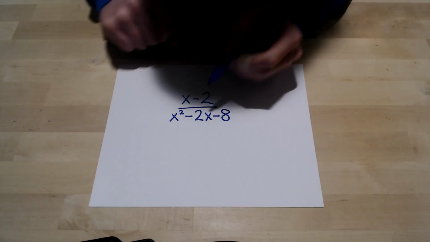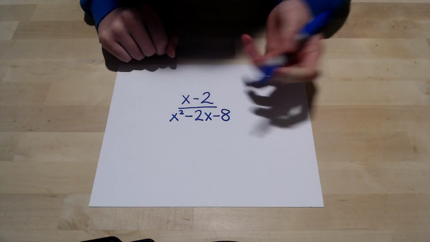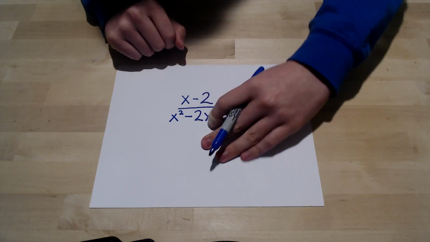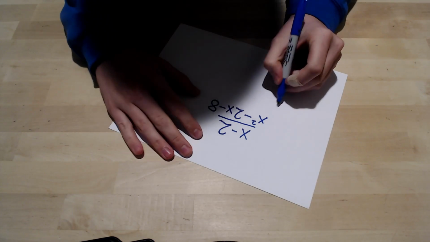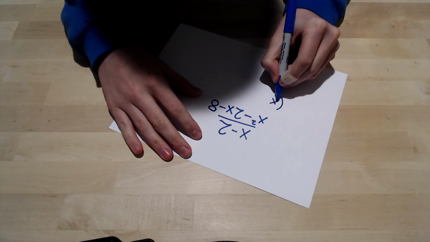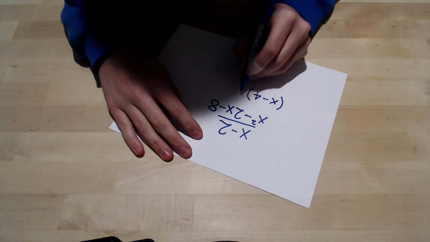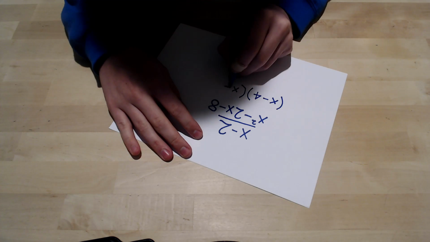Now, if we look here, the numerator is already as simplified as it can possibly get, but the denominator can be factored. So if we factor the denominator, it becomes x minus 4 times x plus 2.